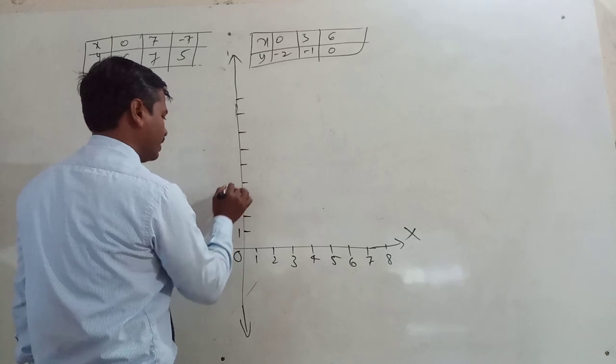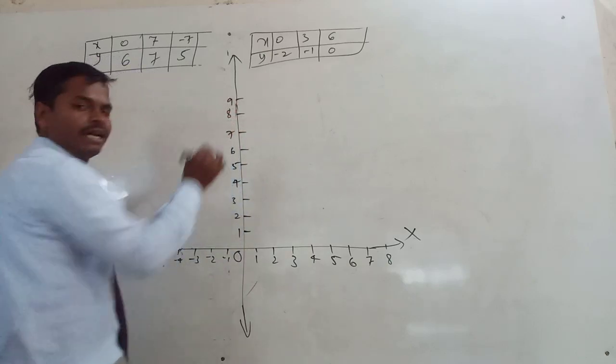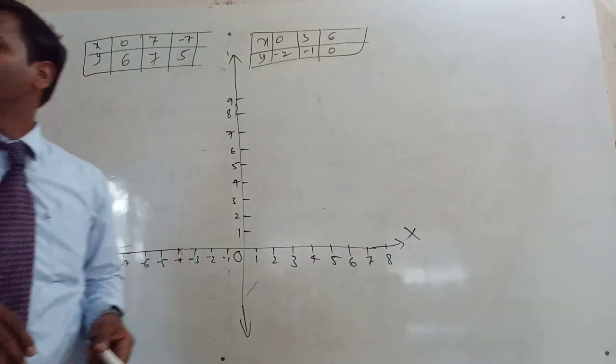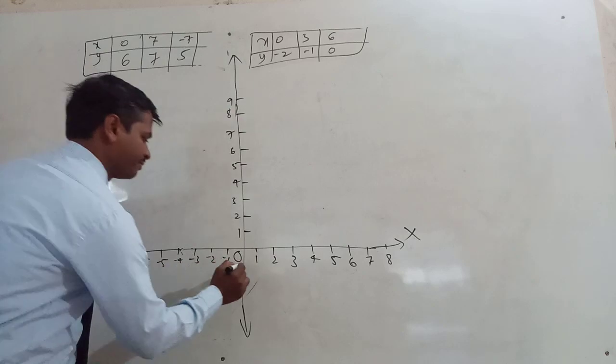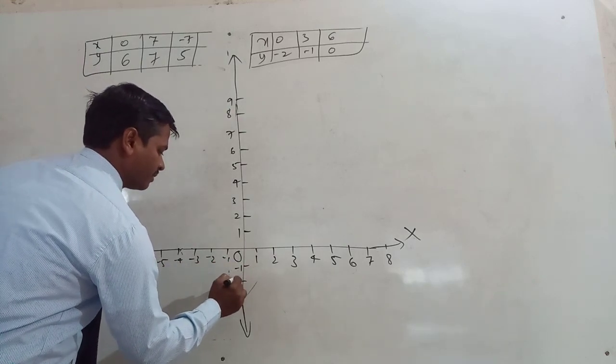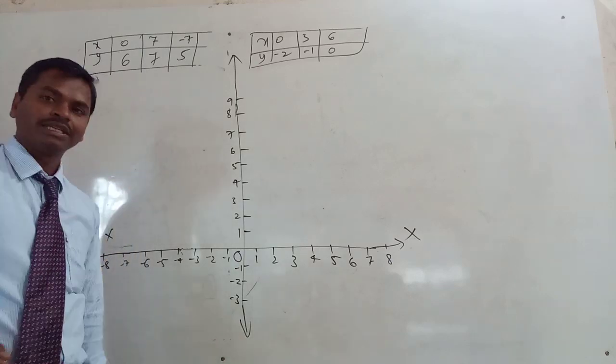In the lower side, minus 1, minus 2, minus 3, we are getting there.